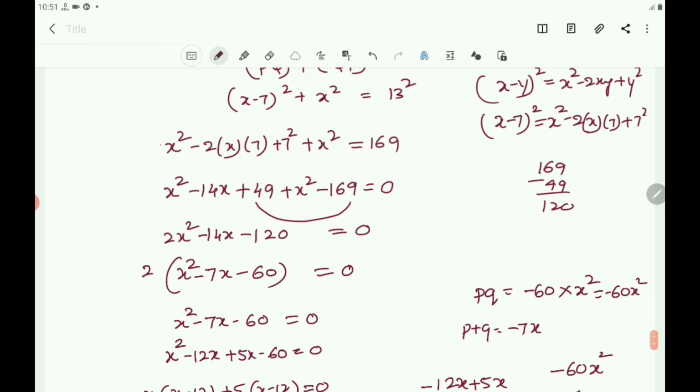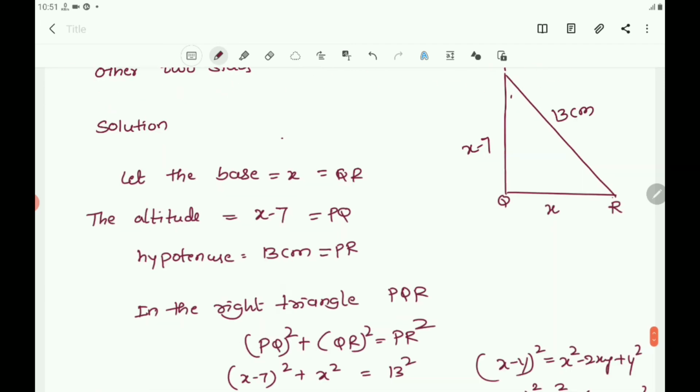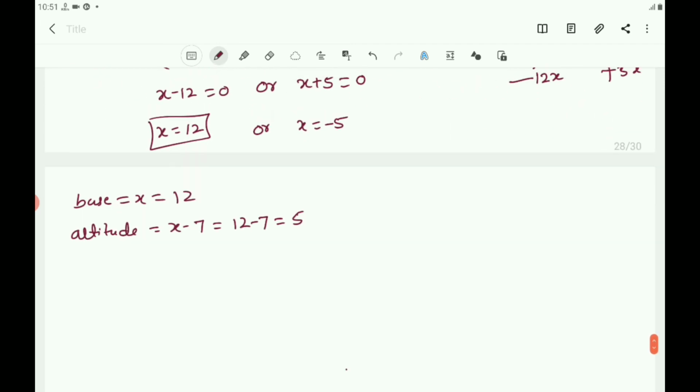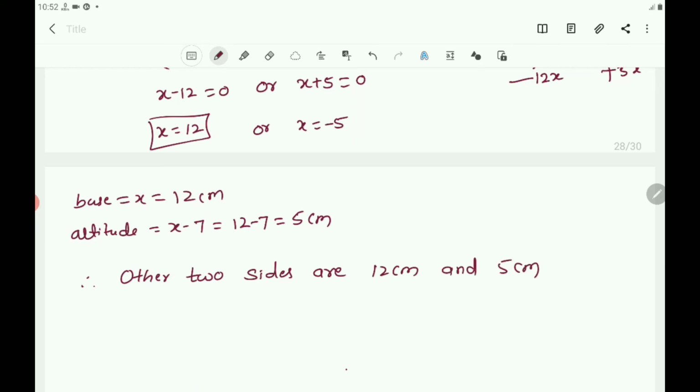Therefore, the other two sides are 12 centimeter and 5 centimeter.